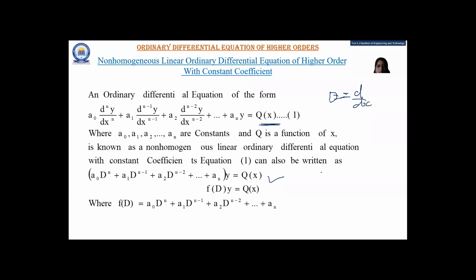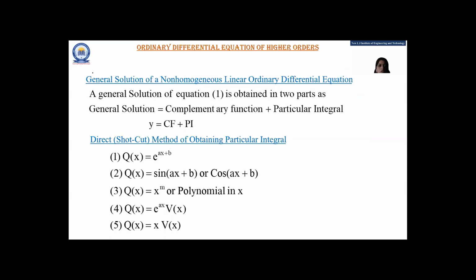So let's start the solution of the non-homogeneous linear differential equation. For today's lecture, the general solution is made of two solutions: first the complementary function and the other the particular integral. The short form of complementary function is CF, and of particular integral is PI.